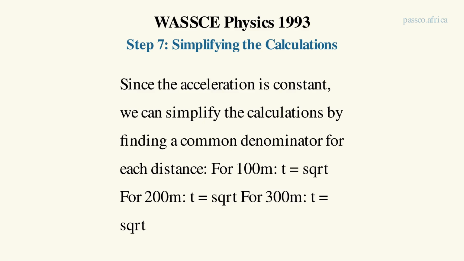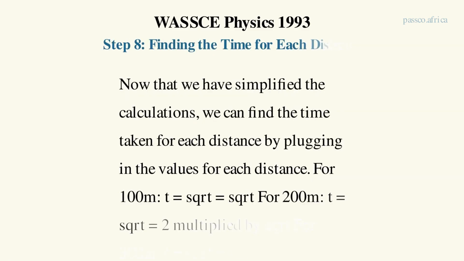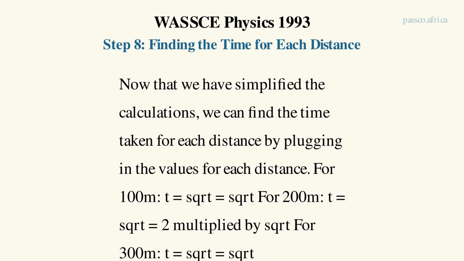Step 8. Finding the time for each distance. Now that we have simplified the calculations, we can find the time taken for each distance by plugging in the values for each distance. For 200 m, t equals 2 multiplied by the square root.